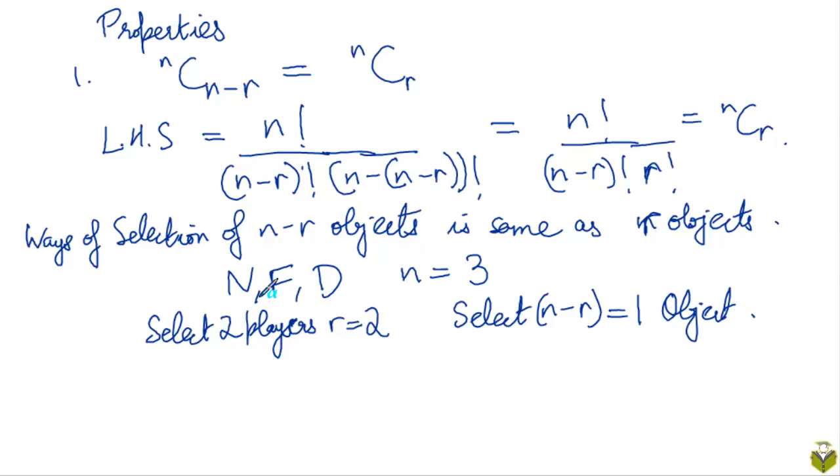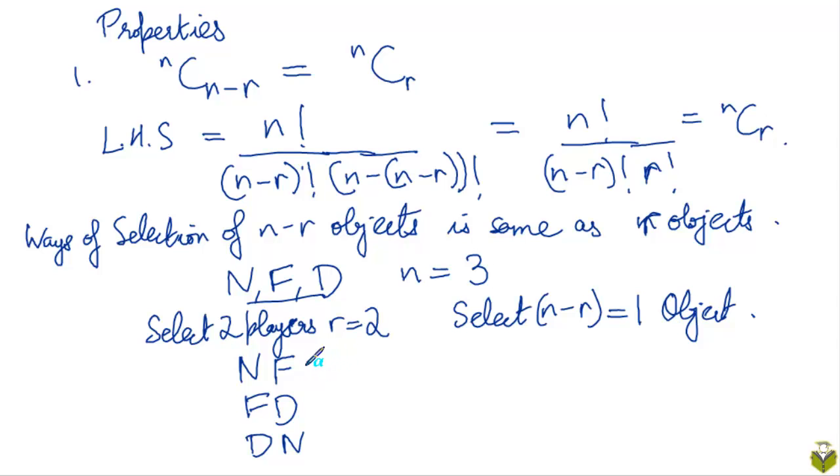So when I was selecting two objects out of these three, then I can select in three ways, right? We had listed them before. So Nadal and Federer, Federer and Djokovic, and Djokovic and Nadal, right? So we already know this.